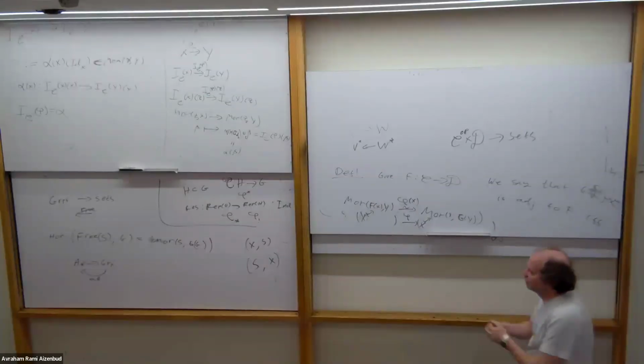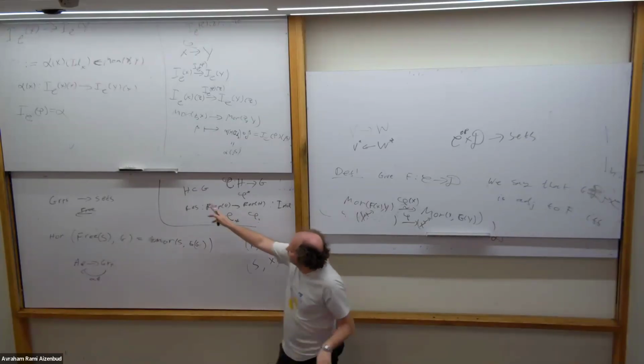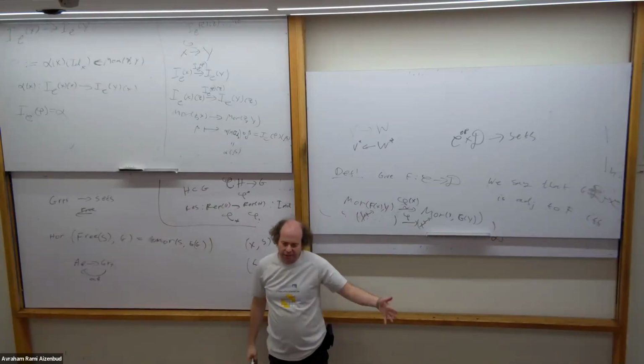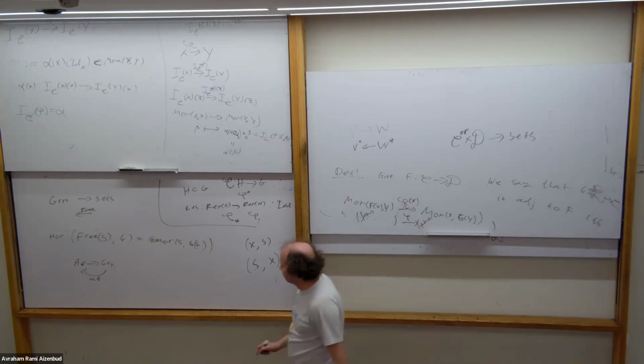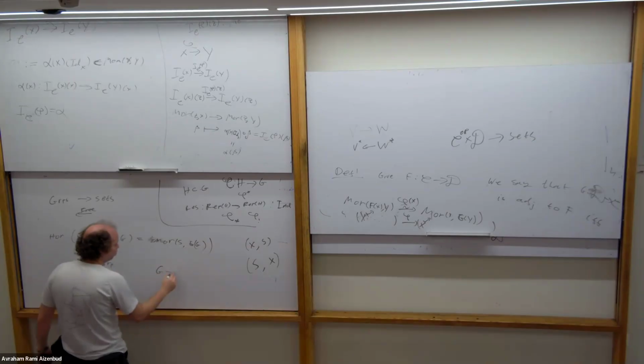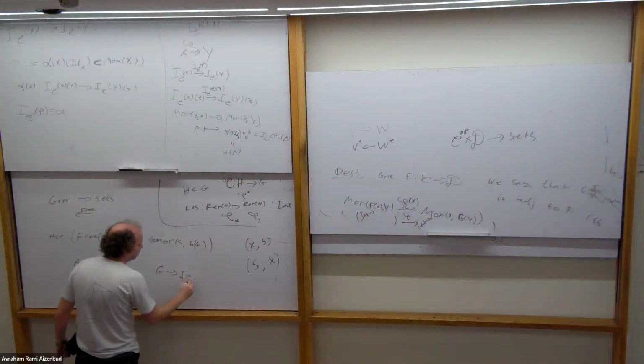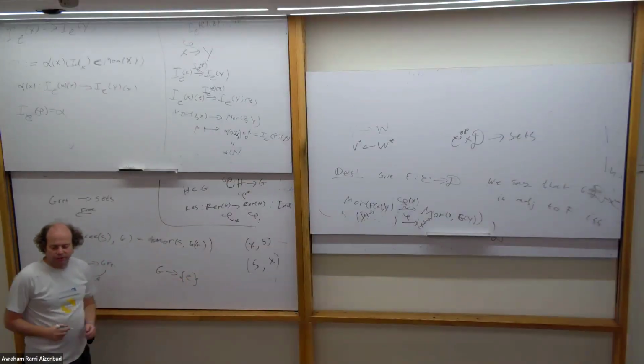Let's see what they mean in another example. So this was a one-to-one map. The other extreme is an onto map, and the most extreme case of an onto map is a map from G to the trivial group. So what is the pullback of a representation of the trivial group?